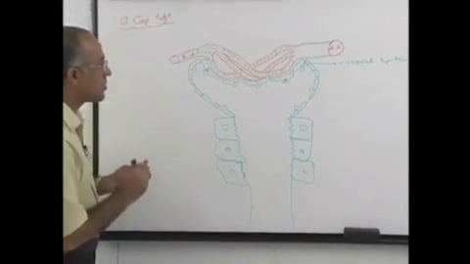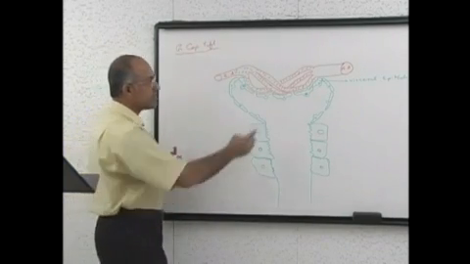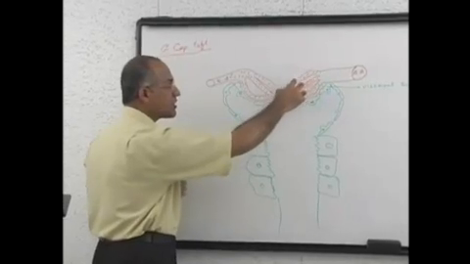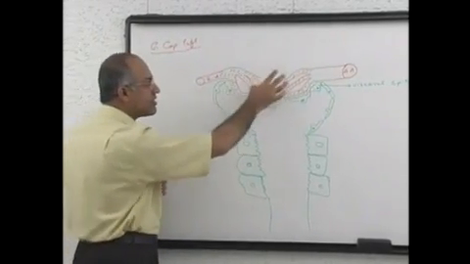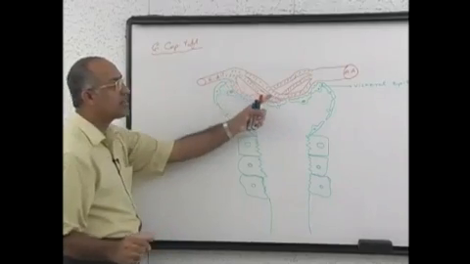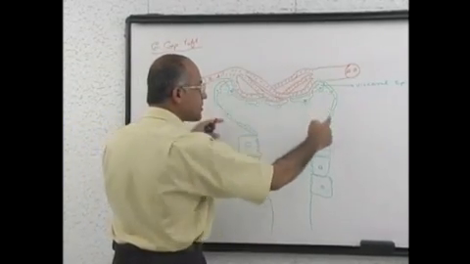Now what you really see is that this is a loop of capillaries and anastomosing capillary channels, called the glomerular capillary tuft, and this group of capillaries is invested by a double layer of epithelium.